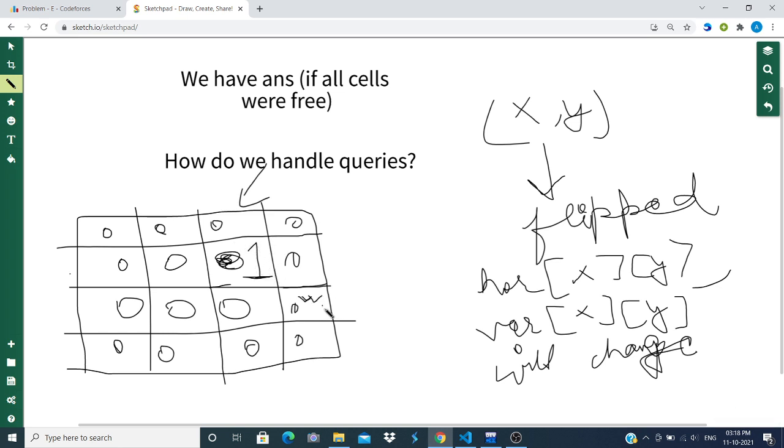And if this will change, then if it were some bigger matrix, let's say like this, then changing this cell will actually impact this cell, which in turn will also impact this cell, because for calculating the staircases at this cell I need to have the staircases at this cell.